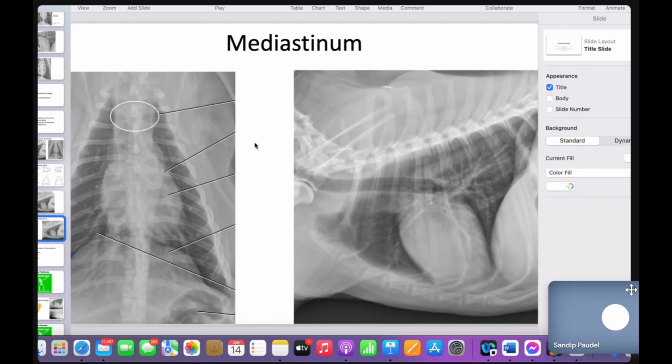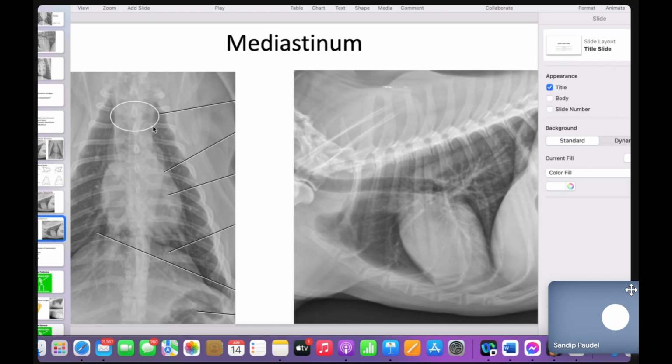Now, mediastinum is right here. We already discussed, this area is the mediastinum. Mediastinum doesn't mean that we see the mediastinum. It is the place where all the extra-pulmonary structures stay in between the lungs. So it is actually a space. It's not necessary that if we say mediastinum, we will see mediastinum.